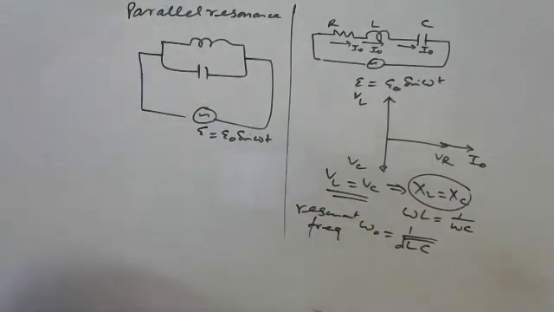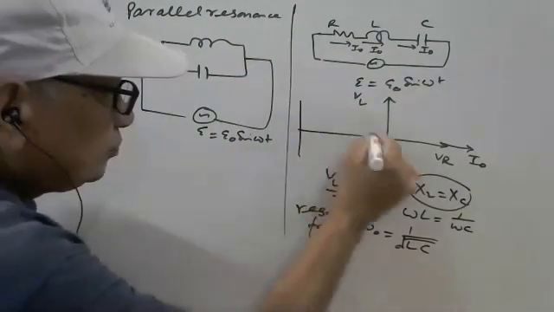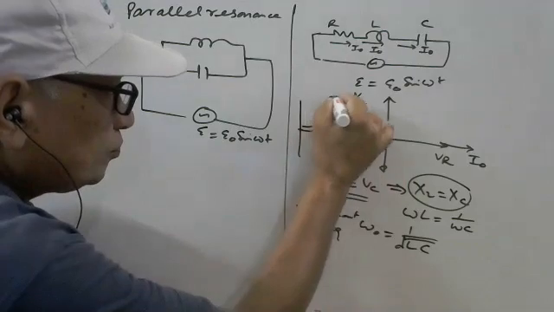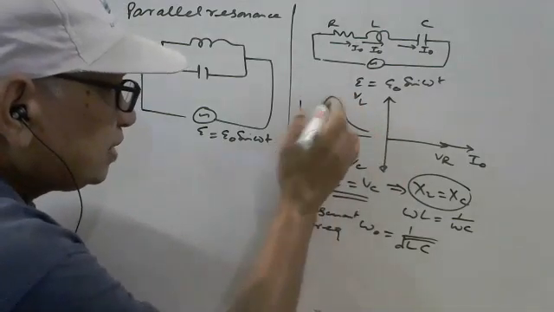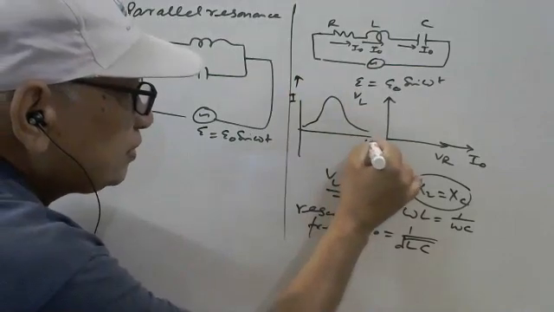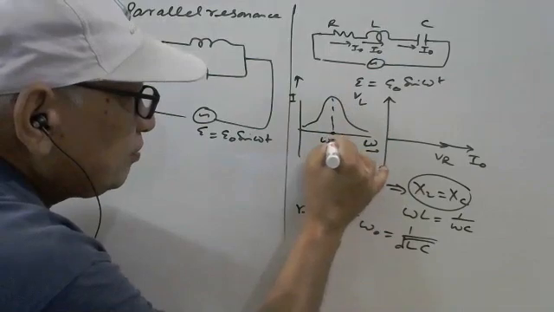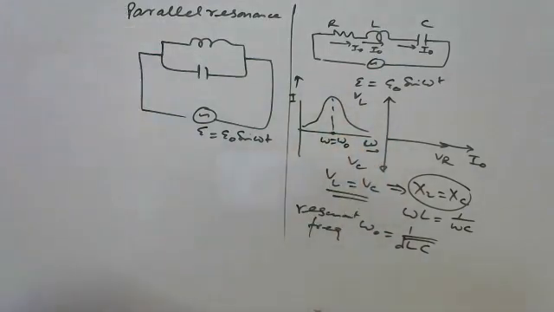At resonant frequency, we are getting a graph like this, some sort of graph between the current and the frequency. At resonant frequency, we are getting the maximum current.